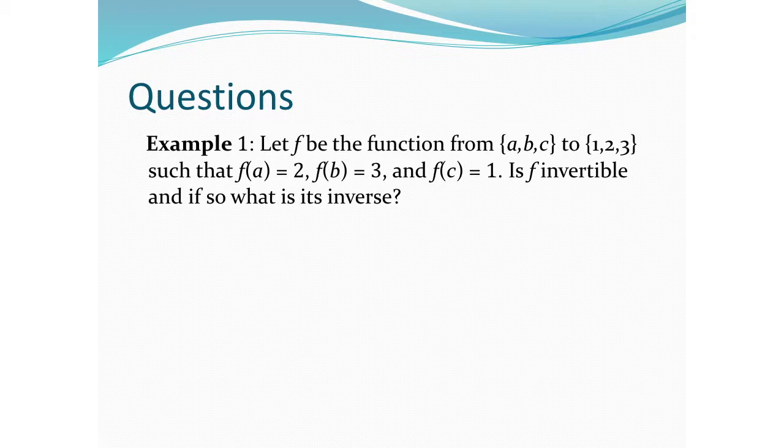Now the function f is defined by f of a is 2, f of b is 3, f of c is 1. Is this a one-to-one correspondence? Yes. Is it an onto function? Yes. Is it a bijection? Yes. So as long as this is a bijection, I could define the inverse.